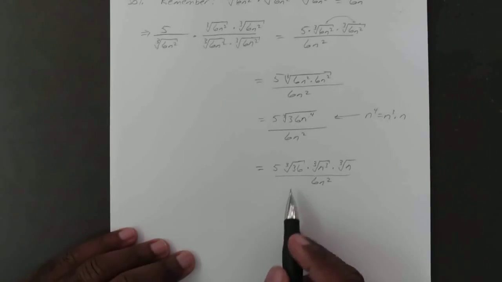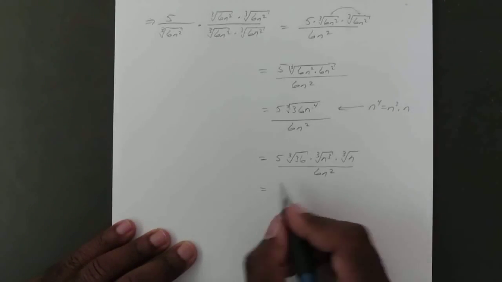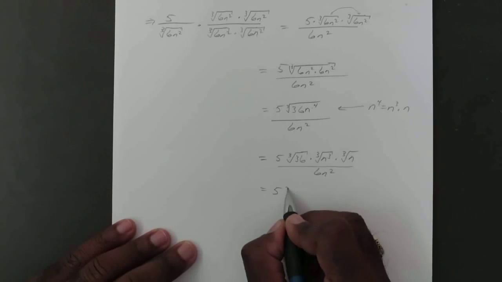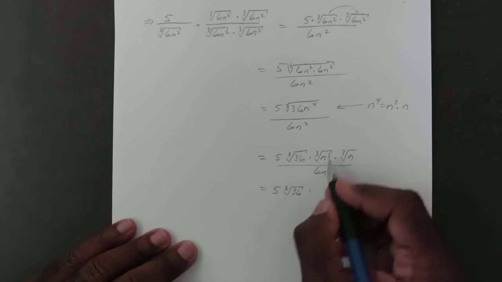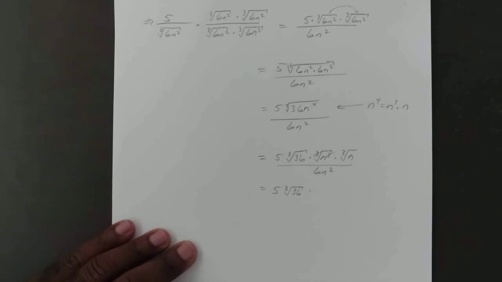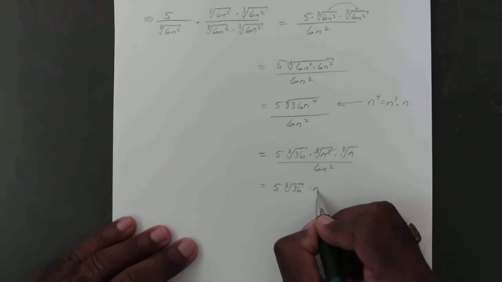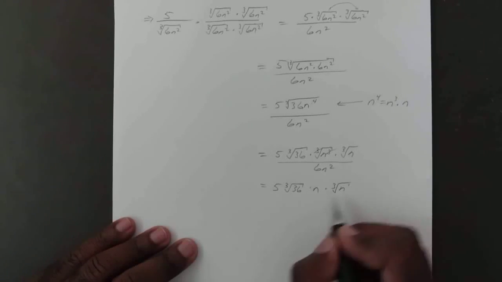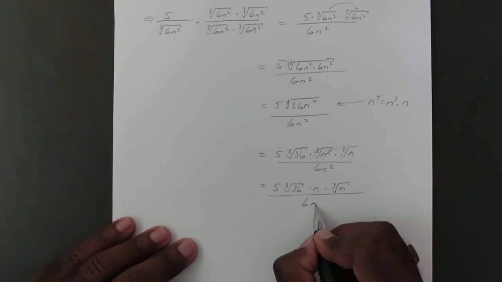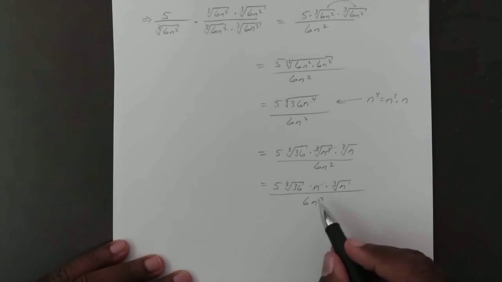So we have our 5 times cube root of 36. Those two actually cancel each other out. So we have times n times cube root of n over 6n squared. You're like 99% done, only because this n and one of those n's will cancel out.